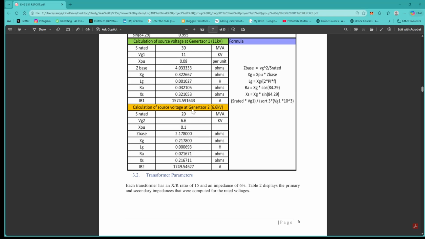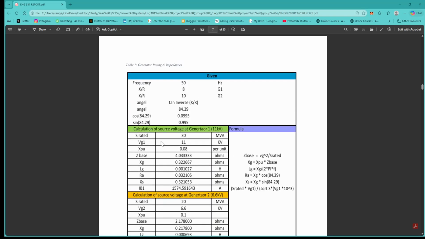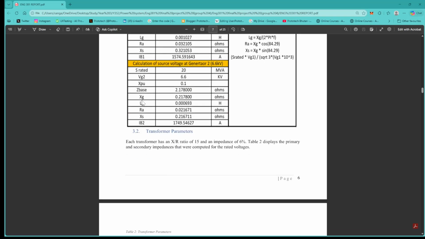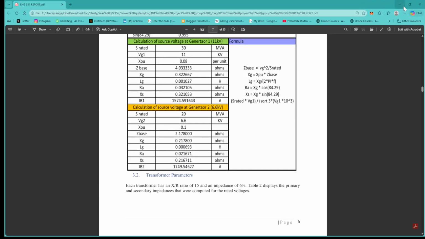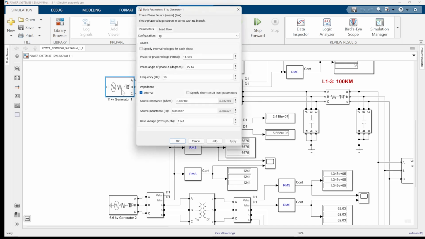Then, after calculating the generator's source voltage, kVA, MVA, and its inductance and resistance, we are going to put the values in the generator sections. We are using a three-phase source, and for this block generator 1 is supposed to generate 11 kV.